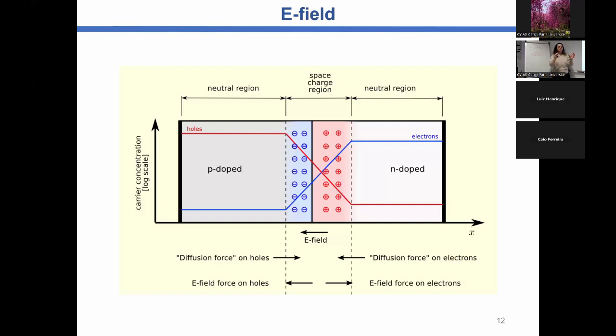When we take this junction and apply a voltage to it, we are inducing charges depending on the polarization of your bias, and this polarization will give a different energy alignment.